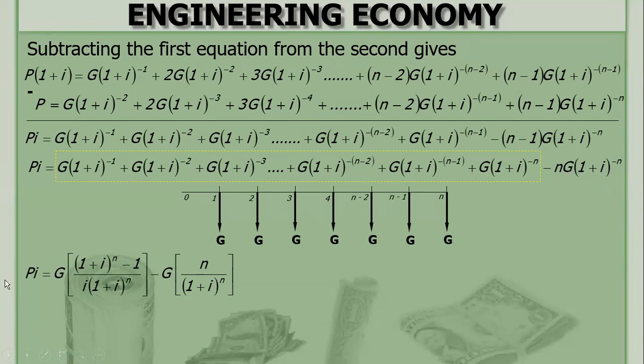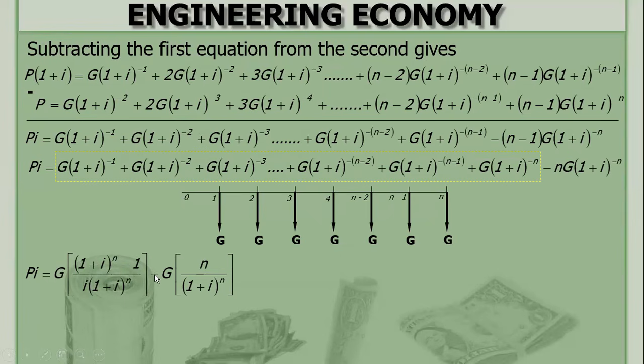And the next step is to extract G, common factor, and then extract also 1 over 1 plus I raised to n, it's common. What is left in the first term is 1 plus I raised to n minus 1 over I.